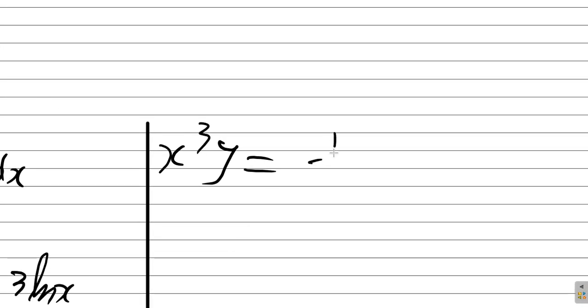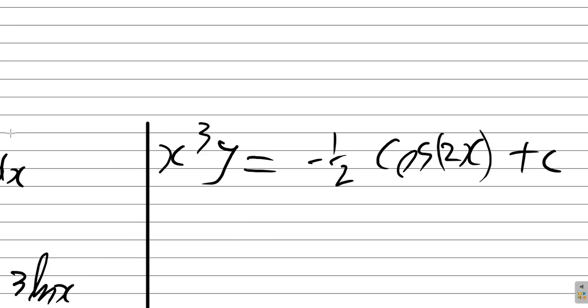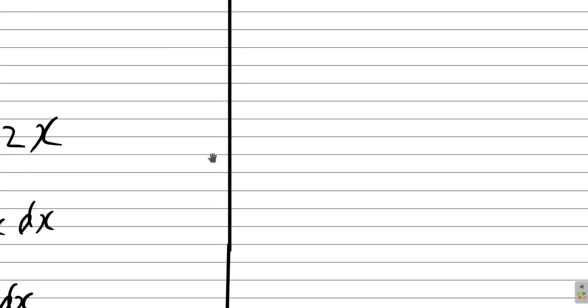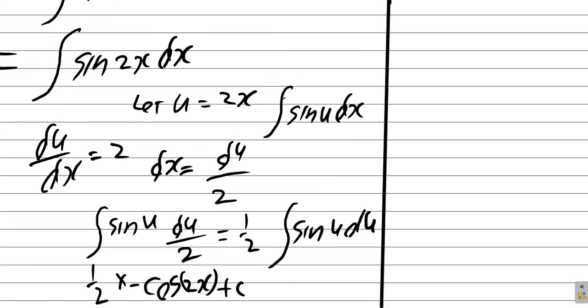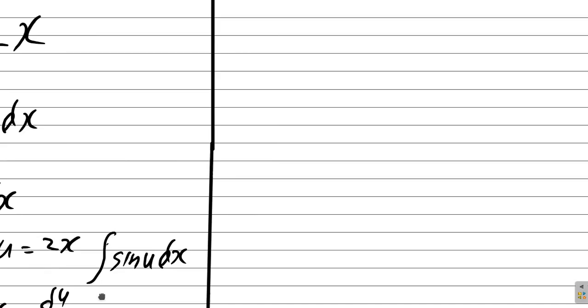Alright? You can see it from here. When you integrate half sine u du, you get negative half cos 2x plus c, because u is 2x. Alright? So that's what we have.